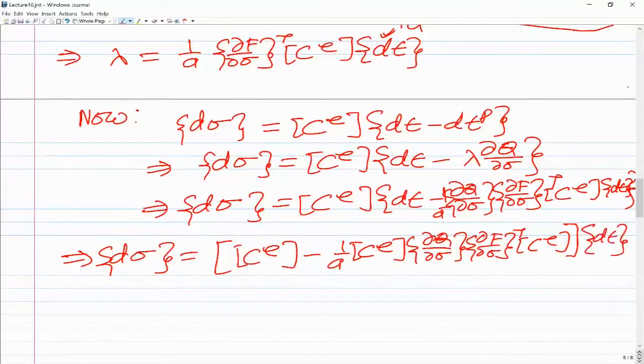So now we have the relationship between the incremental stress d sigma and the incremental total strain d epsilon. Whatever matrix comes in between, we call that the constitutive matrix.